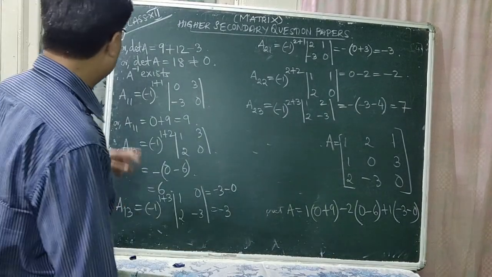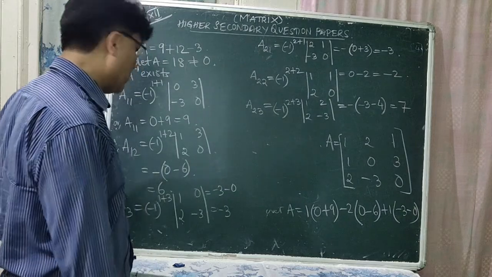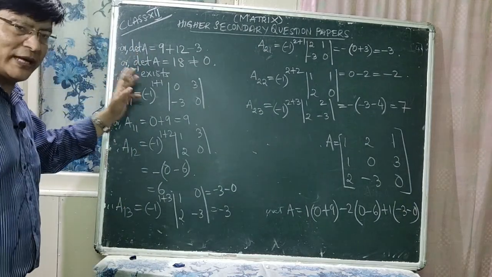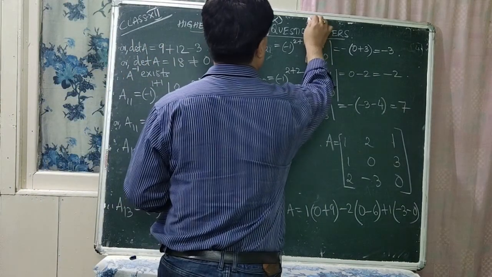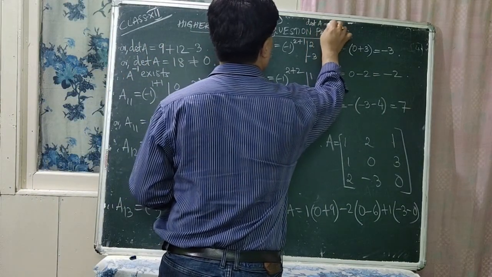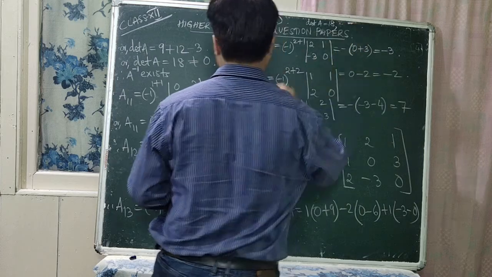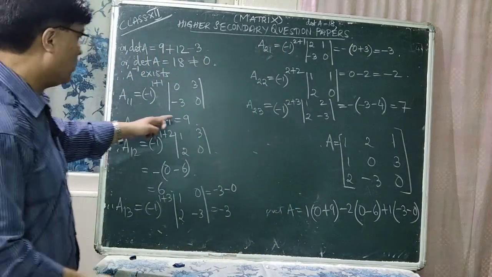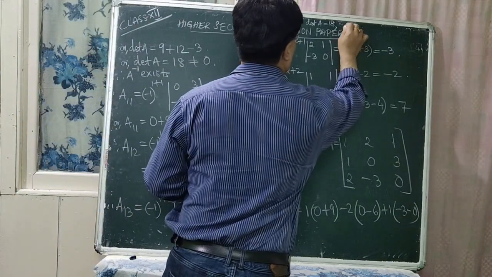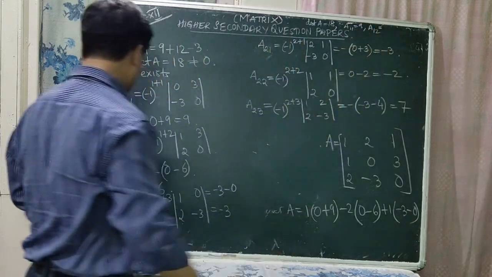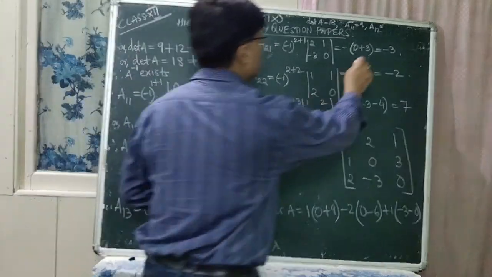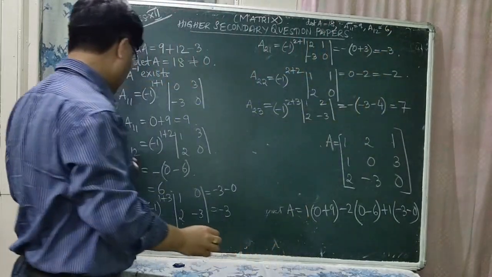So now we will write here A11, A12, A13, because we can use these values. What was delta? Delta is equal to 18. What is A11? A11 is 9. What was A12? A12 is 6, right?